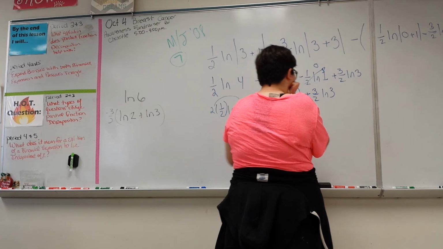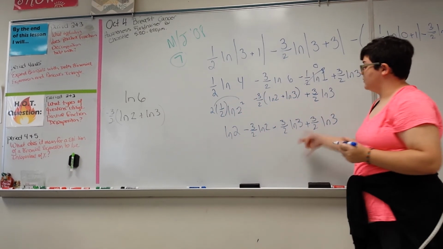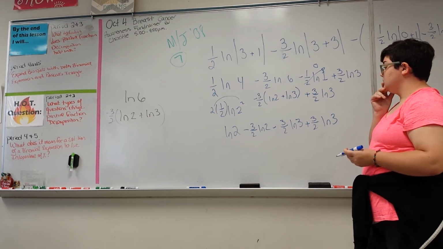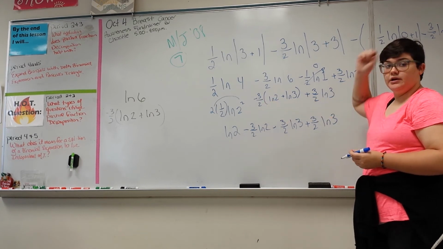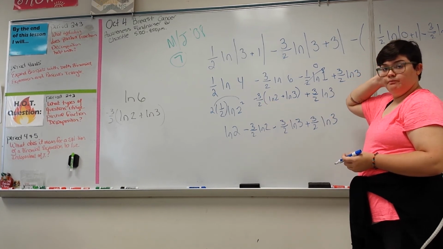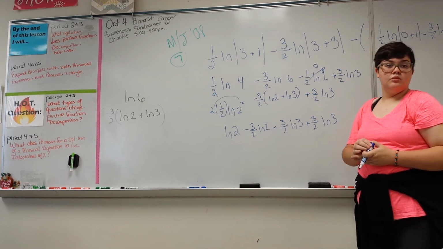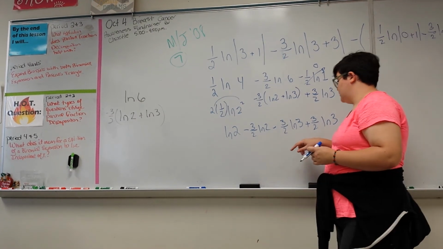Wait a second. Those cancel, don't they? Because you have to distribute the negative. What's the final answer supposed to be? 3 minus 1/2 ln of 2. Okay, so we're supposed to get rid of the ln.